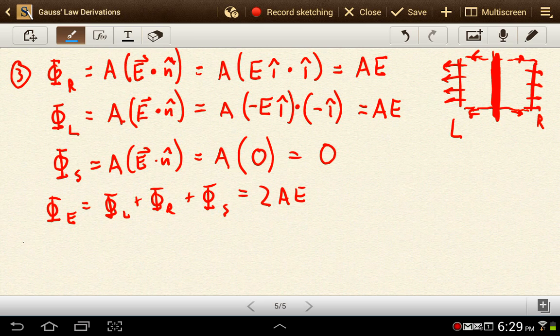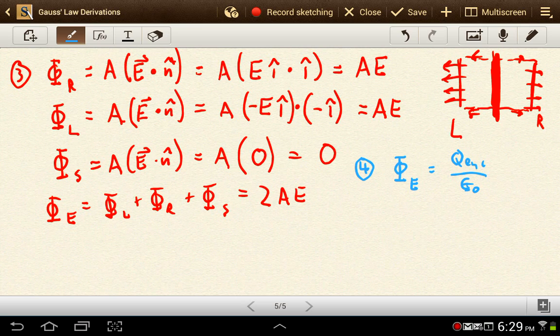Okay, so for the wrap up, finally, Gauss's law says that electric flux out of this closed surface is equal to the enclosed charge divided by epsilon naught.